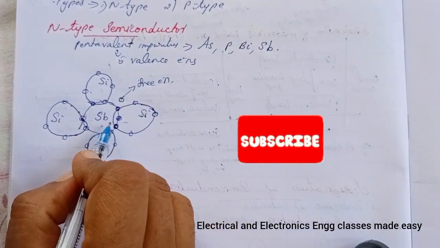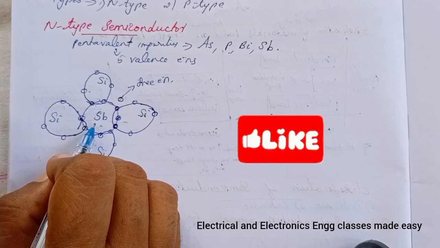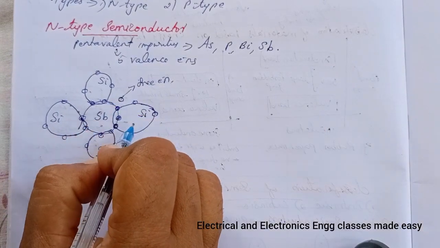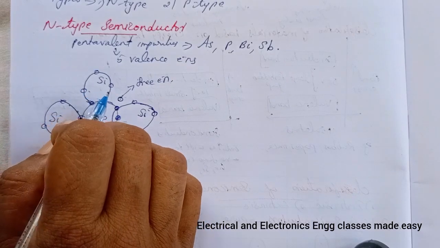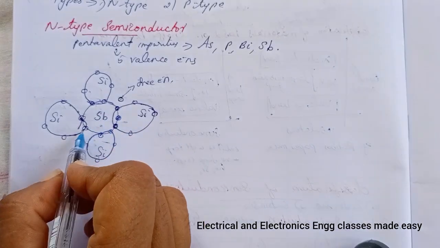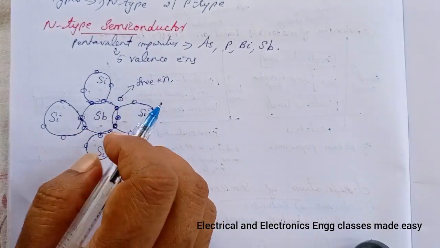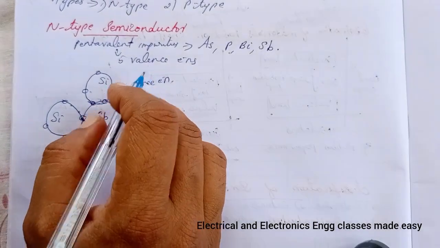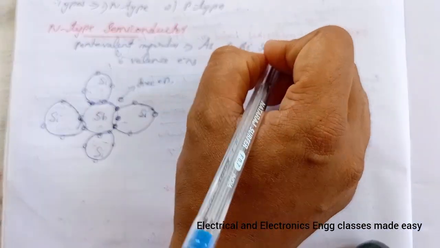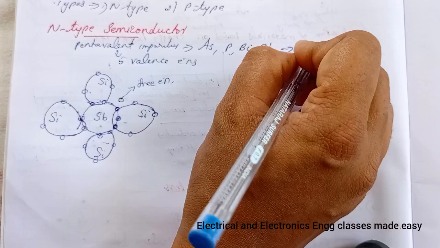Thus every impurity atom donates one free electron to the silicon crystal, and hence a large number of free electrons are available which make the crystal conducting. So the impurity atoms are called donor atoms.